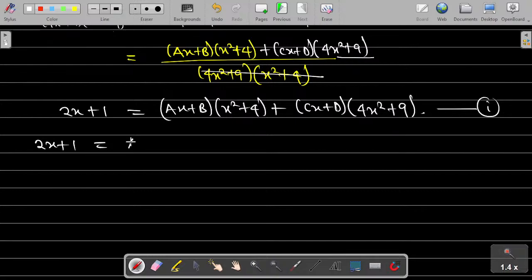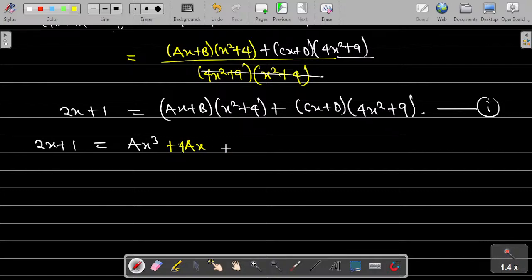So ax times x squared is ax cubed. Then plus ax times 4, which gives us 4ax.